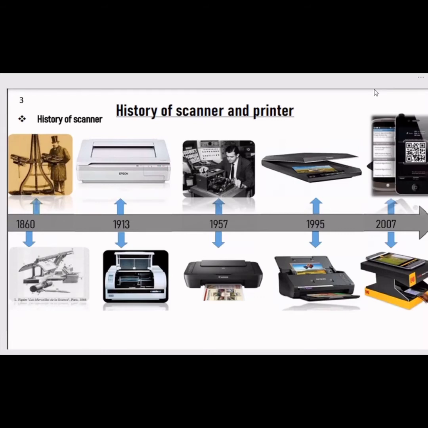Next, in 1957, the first modern scanner, a flatbed and drum scanner, was built at the U.S. National Bureau of Standards by a team led by Russell Kirsch. The first image on this machine was a 5 cm square photograph of Russell's son.